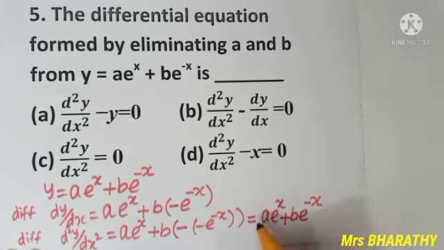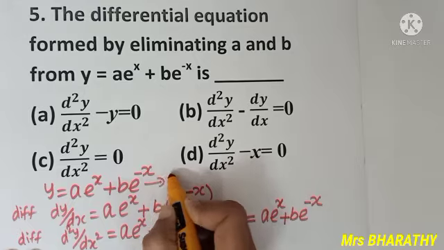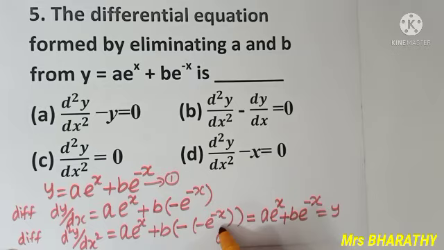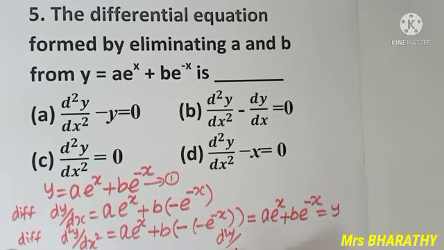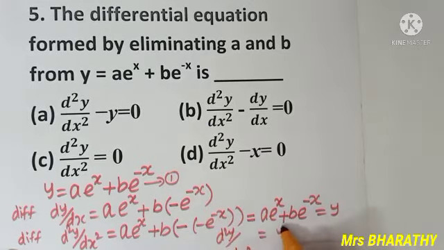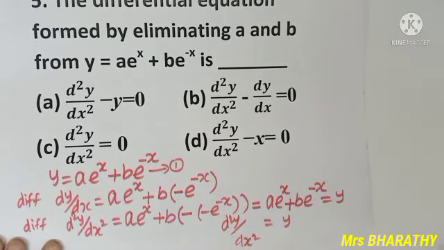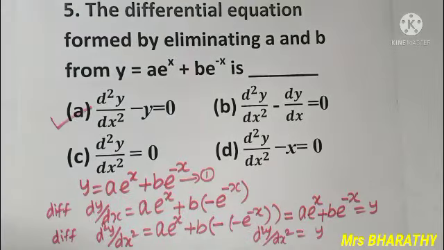This is nothing but y from equation 1. So we have derived d square y by dx square is nothing but y, or I can say d square y by dx square minus y equal to 0. So the right choice is A.